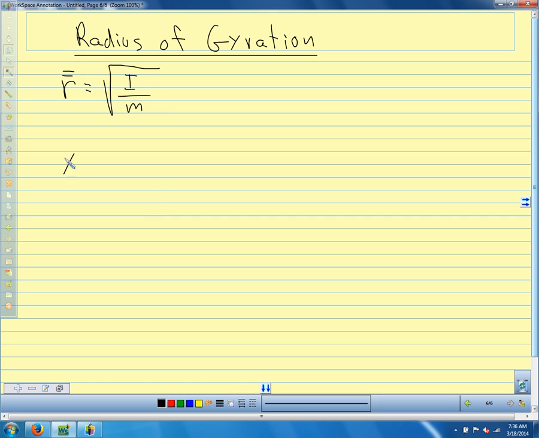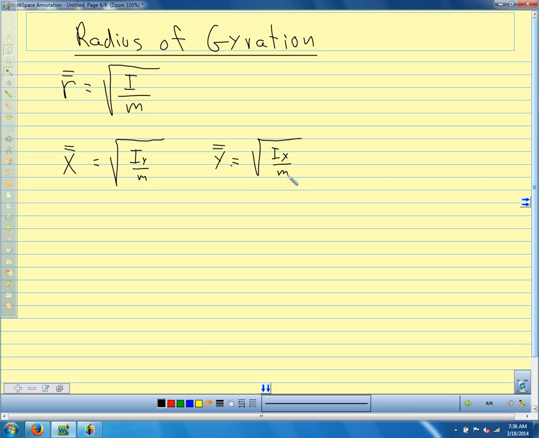So the x coordinate of our radius of gyration is the square root of I sub y divided by m, and the y coordinate of the radius of gyration is the square root of I sub x divided by m.